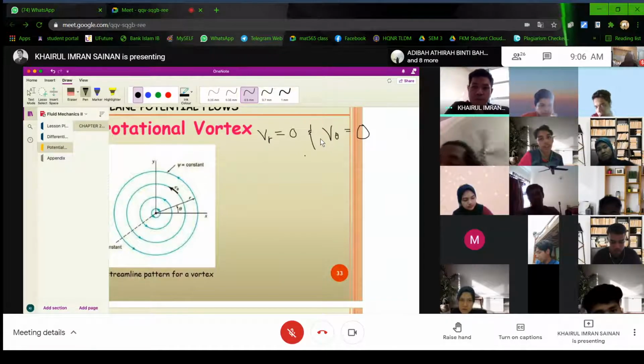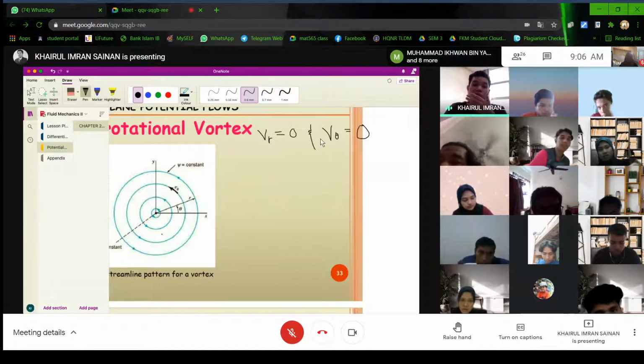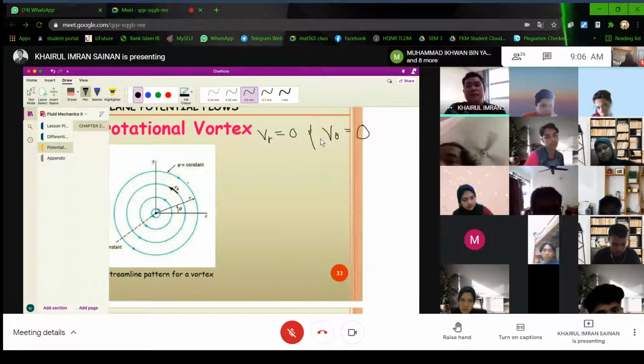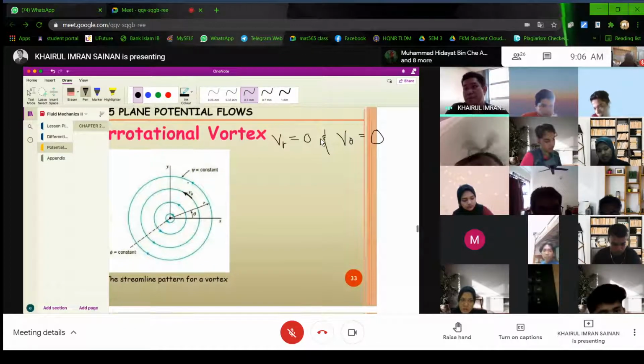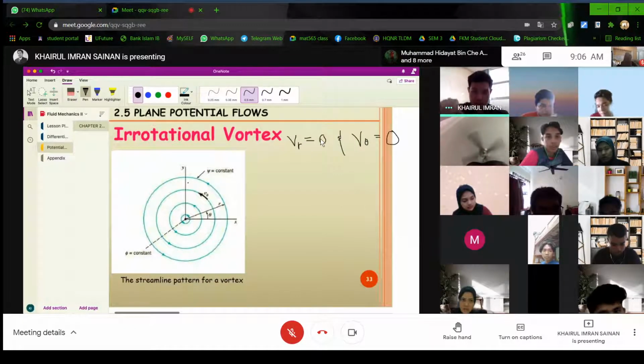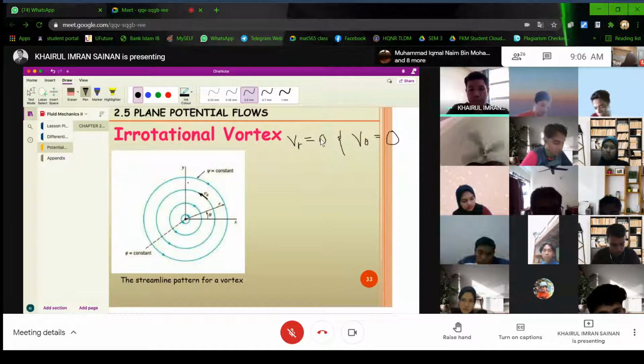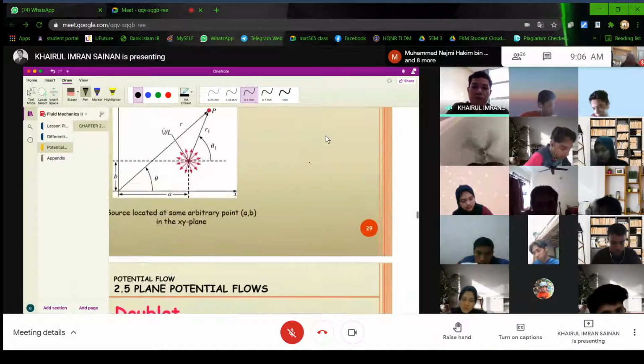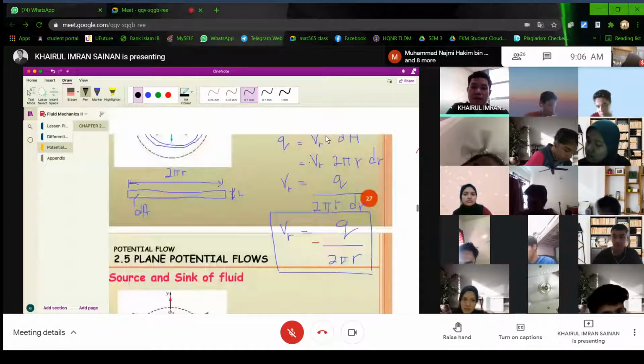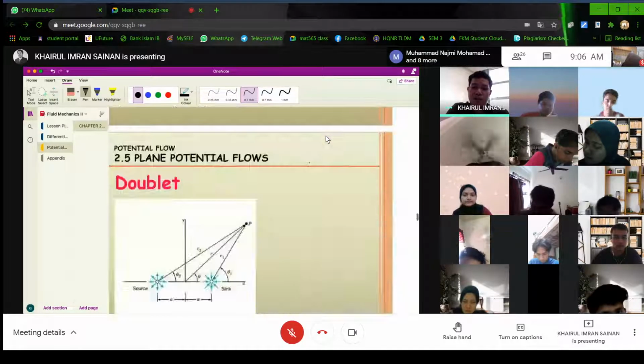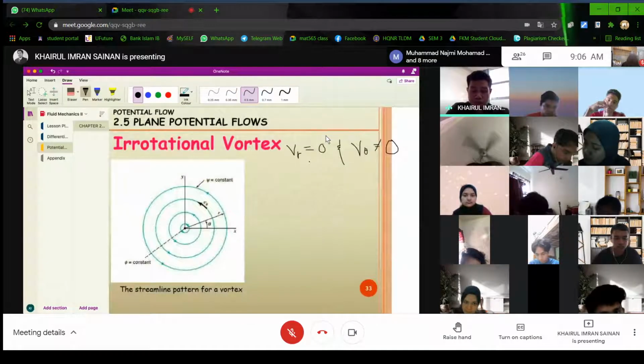Yes, good. No VR. Our flow is only circulation. I don't want to say circulation because it means something else, right? It rotates. So V theta is not zero, so VR zero. Like what we did before, determine VR.